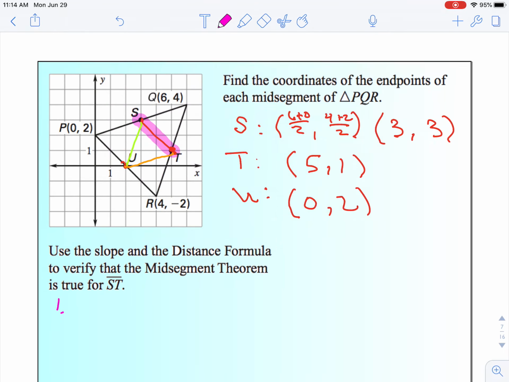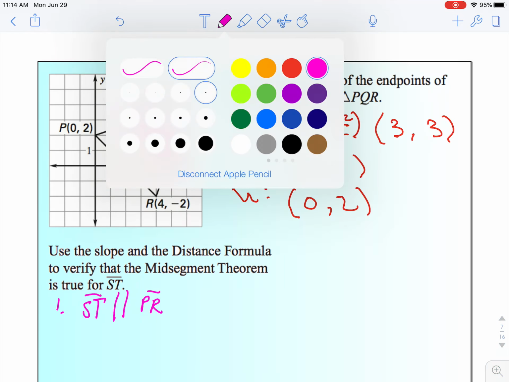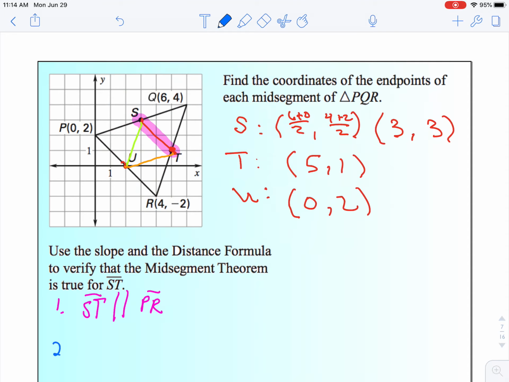One, that ST is parallel to PR. That's one thing you have to verify. And the other piece you have to verify is you have to prove or verify that ST is equal to 1/2 of PR.